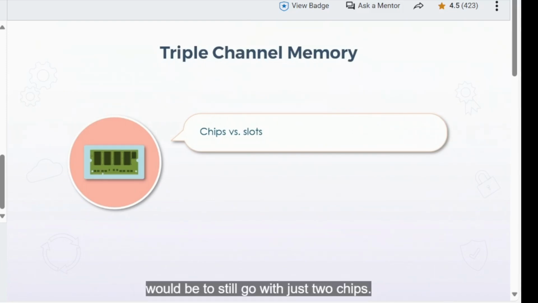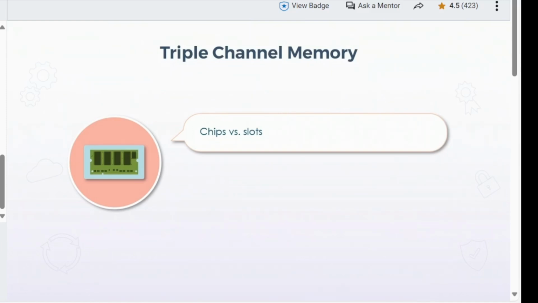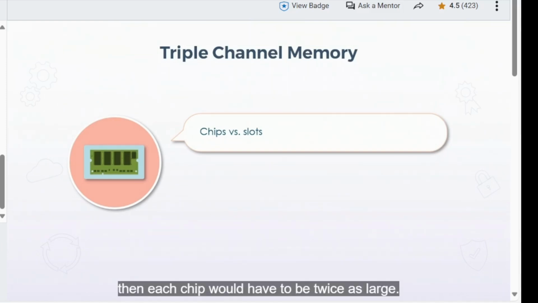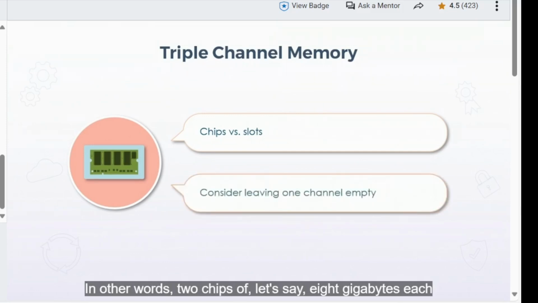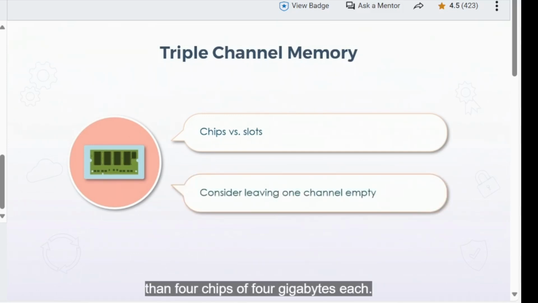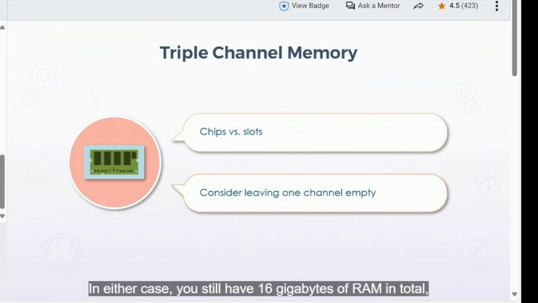But I would suggest that if 4 chips are going to be used, they should be configured so that you only use 2 channels, effectively using it as a dual channel system, and just leave the 3rd channel empty, because there would be less of a timing issue if data is only being transferred over 2 channels as opposed to 3. And there would be a little more management involved with respect to addressing, because the address space of the channel with 2 chips would be larger than the other 2 channels with only 1 chip.